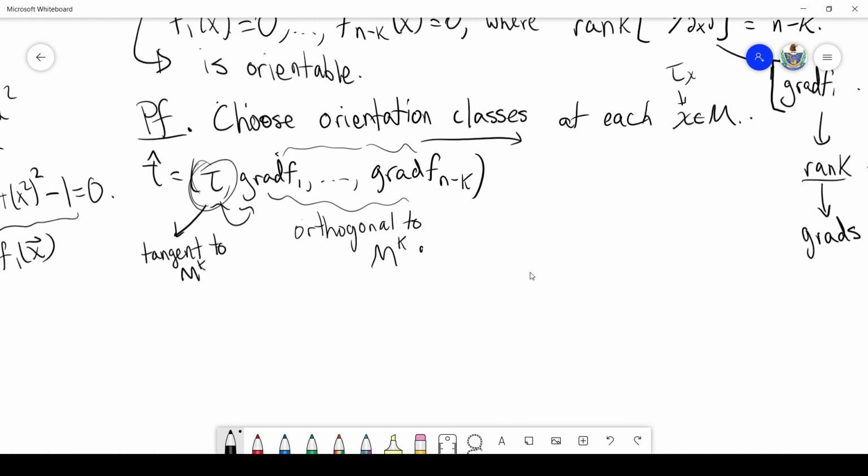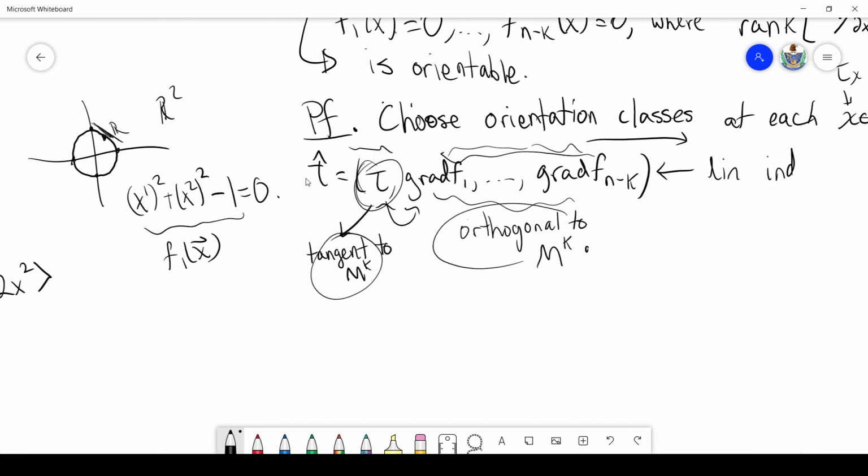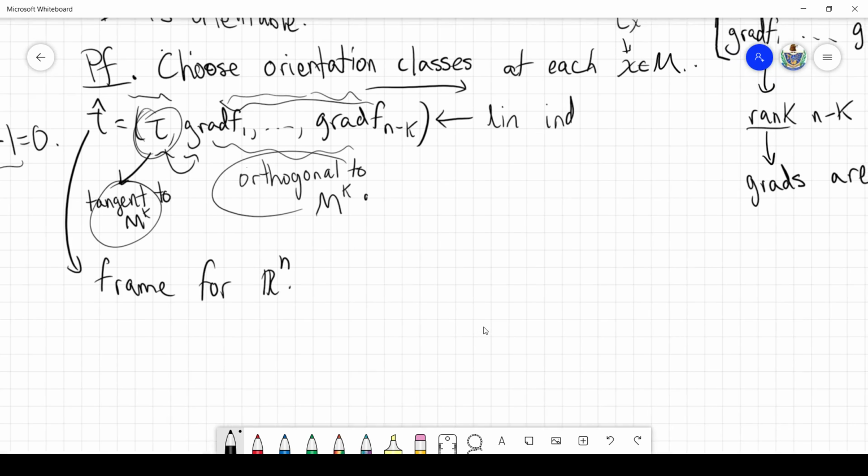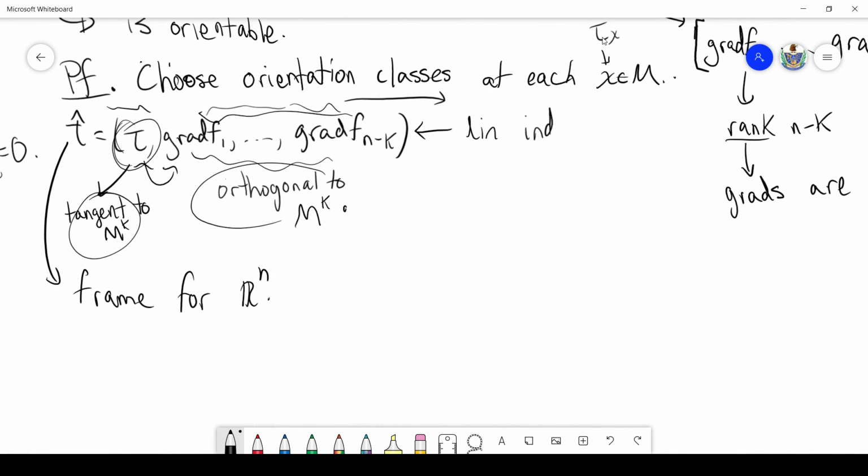So since these are linearly independent, and these are linearly independent, and these come from a tangent space, and these come from the orthogonal space, if we put these all together, this is going to be linearly independent. And so tau hat is a well-defined basis for Rn. Well, technically it's a frame for Rn. And again, we're just choosing these taus at each point.